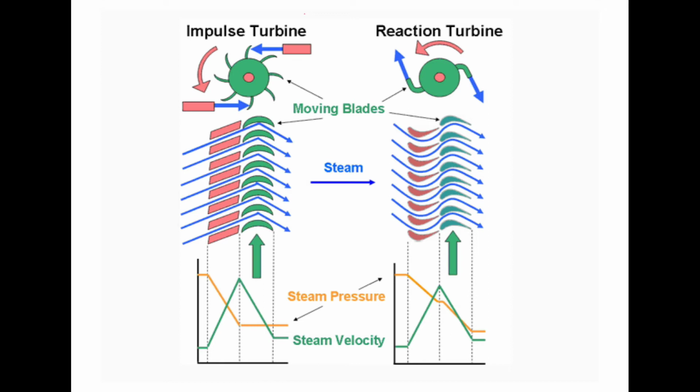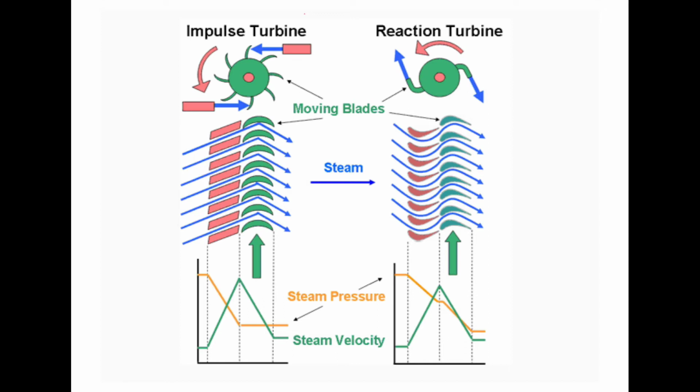Because of that, the steam velocity starts to increase at the initial stage, and after entering the rotary blade, the steam velocity starts to drop because of the increased pressure, and the steam pressure also reduces gradually stage by stage.